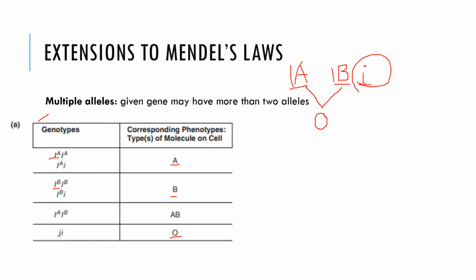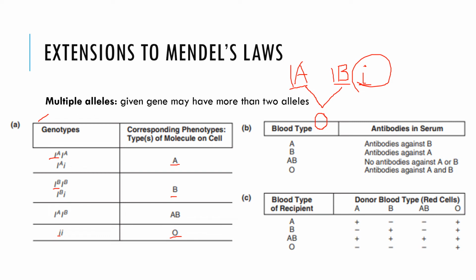Note that in this figure the phenotype can arise from two genotypes. It is either this one or this one. The same is true for the B blood type, which can be produced from this allele. But the combination of the two alleles generates blood type AB.